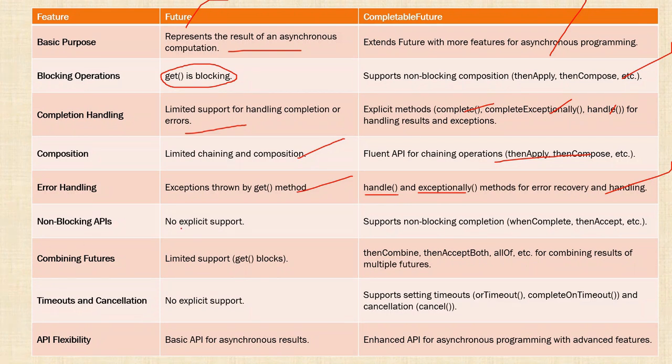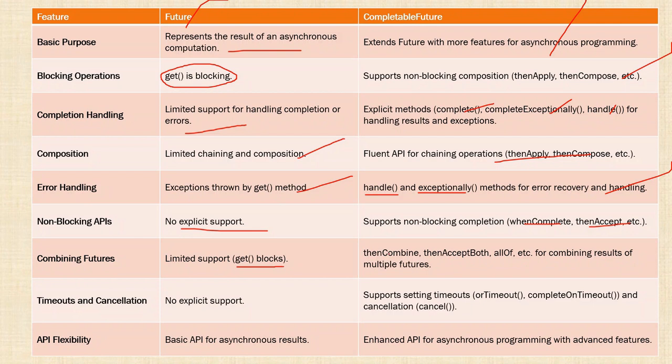Non-blocking API: Future has no explicit support for a non-blocking API, while CompletableFuture supports non-blocking completion with whenComplete and thenAccept. So we have methods to do non-blocking completion with CompletableFuture. Combining futures is limited with get, because if you use get your thread will be blocked until completion of your task.